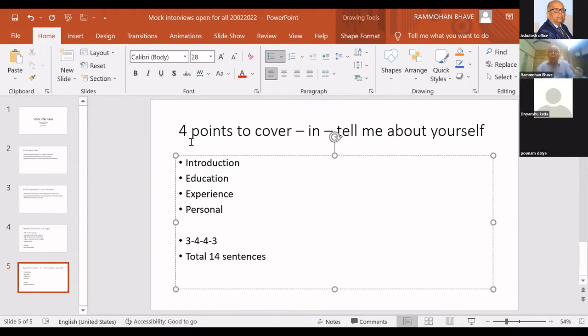Also, at any point of time, if the interviewer is finding it boring, or he intervenes and says, okay, go to something else. For example, I know one candidate whom I was interviewing along with the HR manager. He started telling, I belong to Indore and I have shifted to Mumbai a few years back and I did my articleship here.